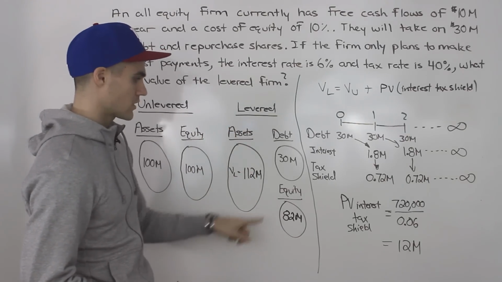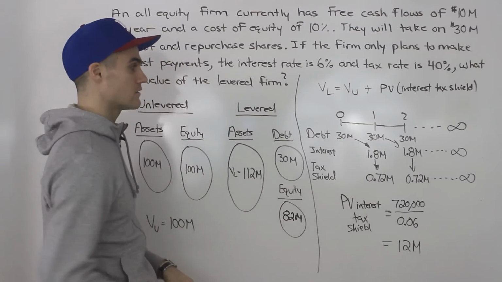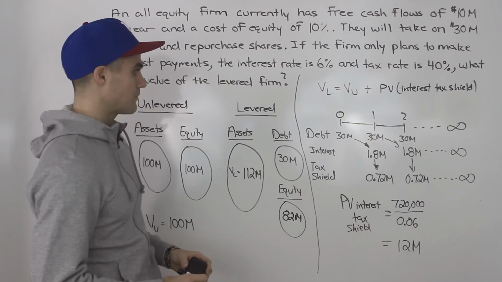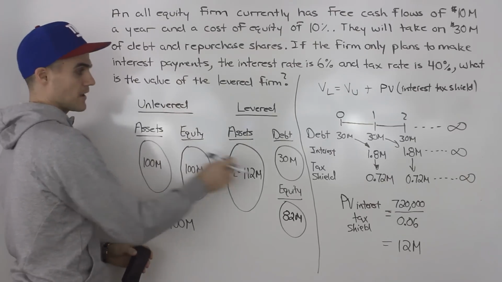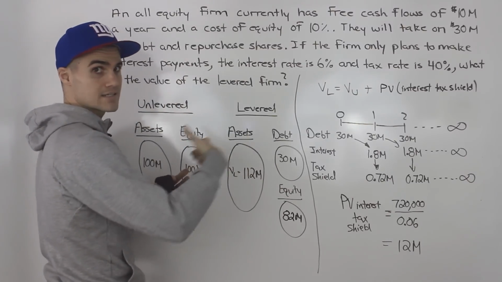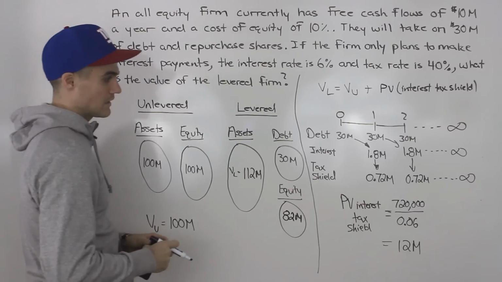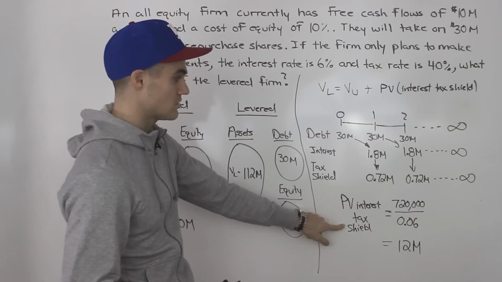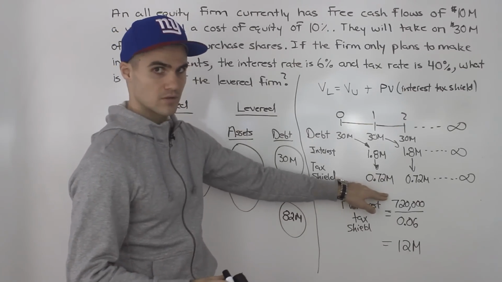And as I mentioned, we're going to go into more detail about what happens with this equity in future examples in this chapter. So that's what happens when a company has permanent debt, meaning they're only going to be making interest payments, and that 30 million is going to stay with the firm forever. And in my opinion, it's a lot easier of a calculation to find that interest tax shield when you have permanent debt, because it's just simply a perpetuity.